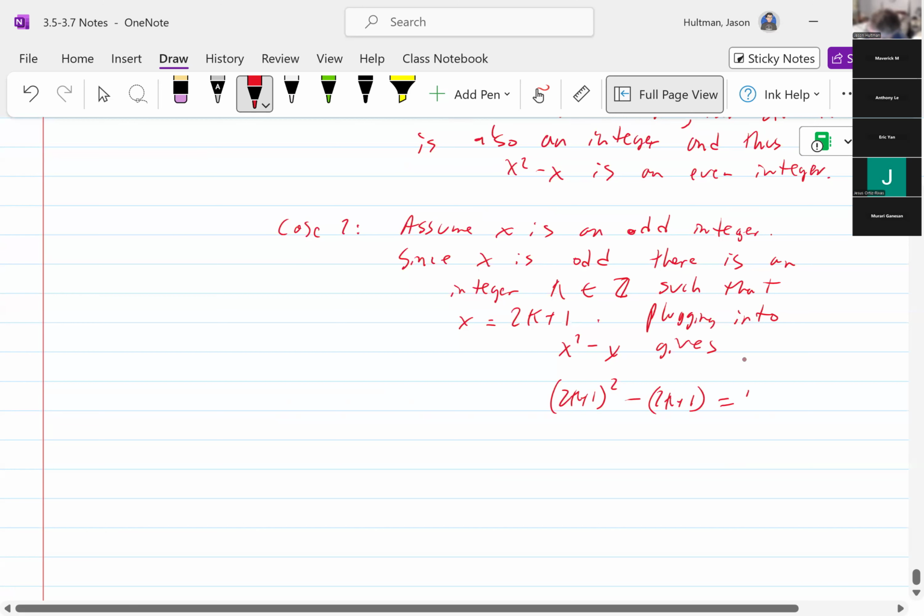Well, this thing is going to be 4k squared plus 4k plus 1 minus 2k minus 1. The 1s are going to cancel. So we're left with 4k squared plus 4k minus 2k.